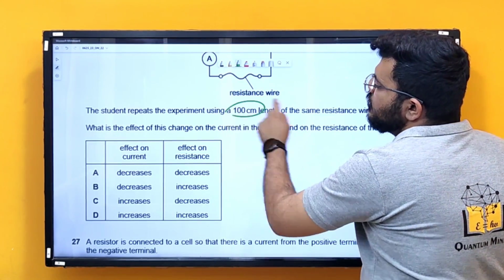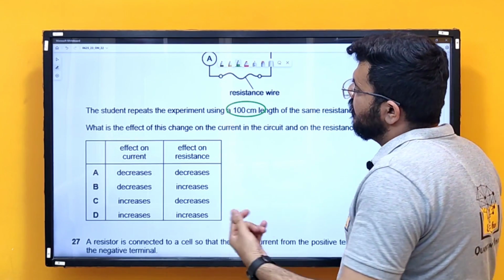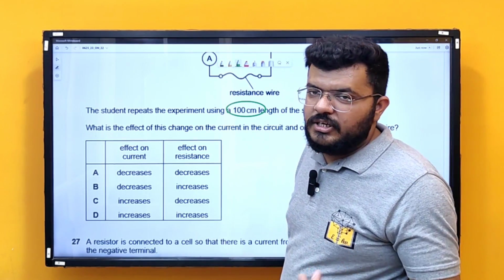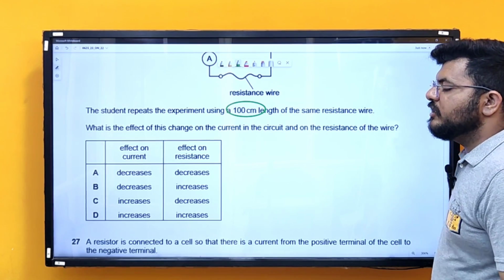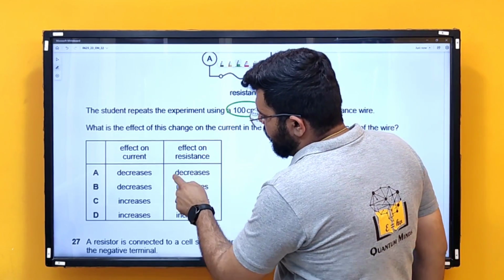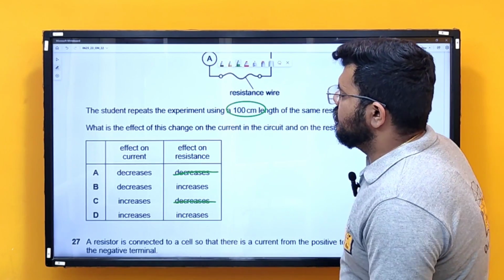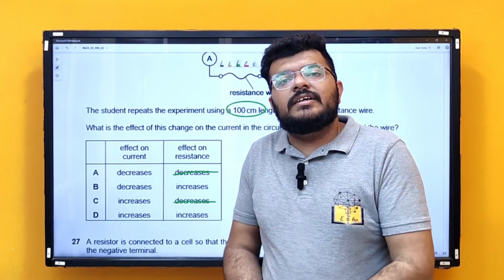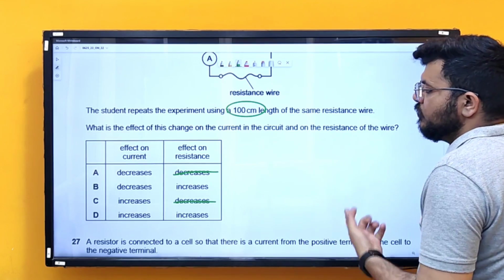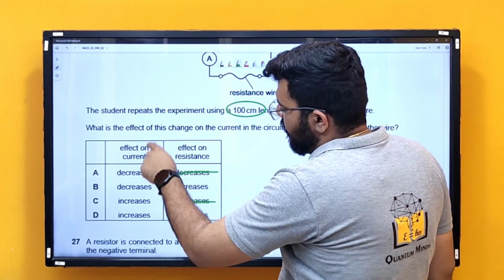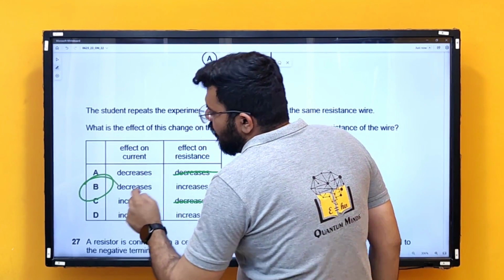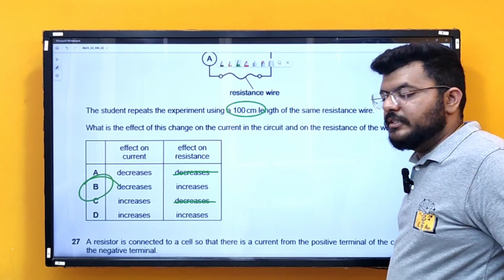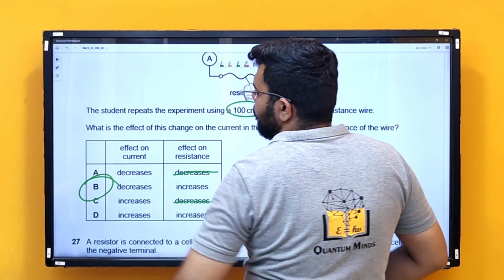The resistance increases if the length increases and the wire remains the same, which means the cross-sectional area remains the same. So what is increasing? Resistance is increasing. So this cannot be your answer. Now, if resistance is increasing and the battery is the same, the current will decrease because V is equal to IR. So current decreases, resistance increases. Option B is the correct answer.